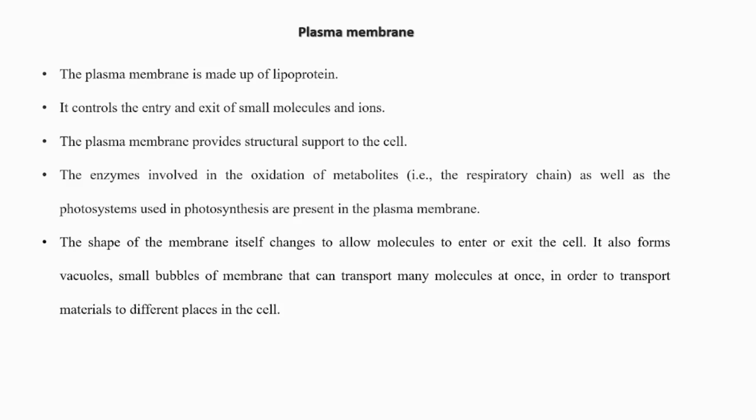You need to remember this. And there are certain bacteria which have photosystems, which means they are phototrophic bacteria which convert light energy. They depend on a light source. Such bacteria also have photosystems in the plasma membrane.